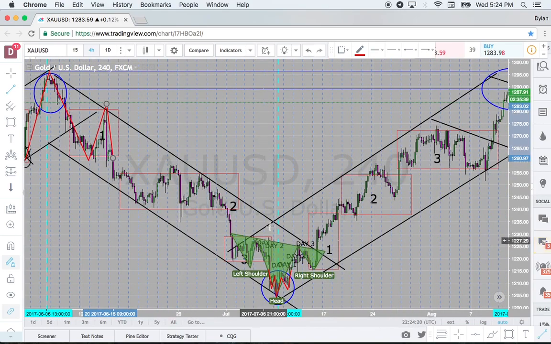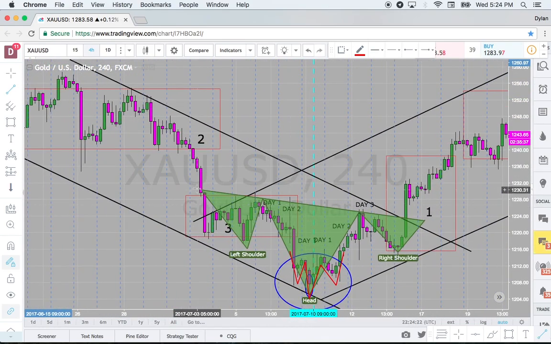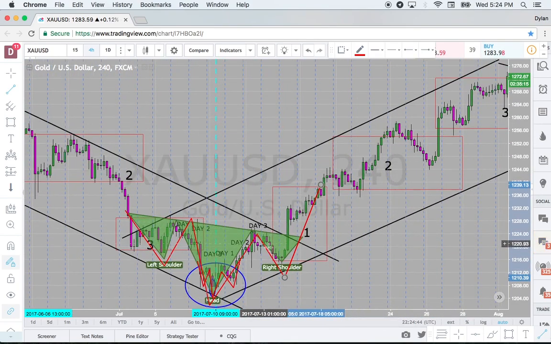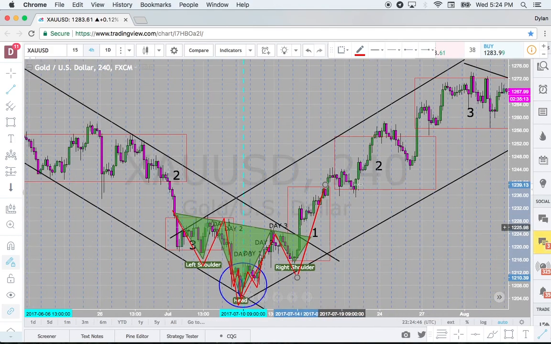You can see it all over the place. Level 3, the peak, get the retail traders to believe that price is going to continue down, and then connect level 3 to the reversal, which is level 1.